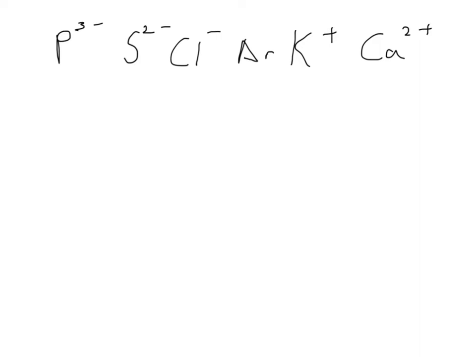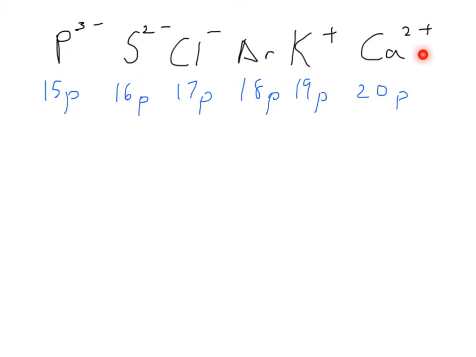What happens to the number of protons in this isoelectronic series? We go from 15 protons, 16 protons, 17 protons, 18, 19, and 20. So as we go up in atomic number, the pull of our nucleus is going to get stronger, because each one has the same repulsive force since they have the same electron configuration.